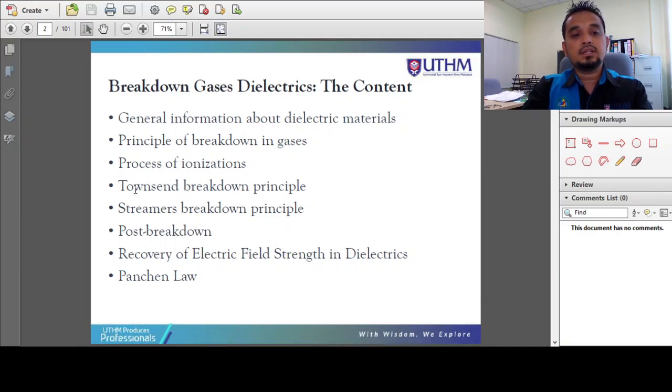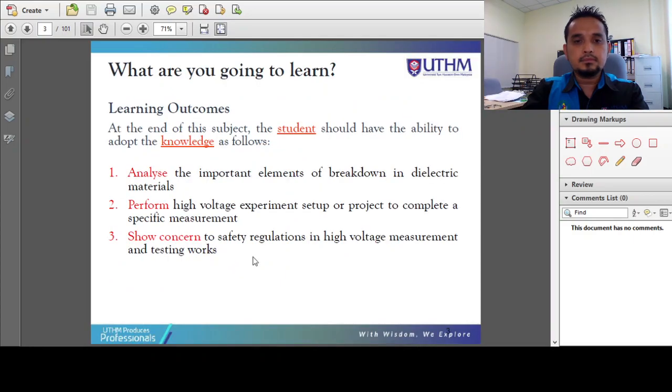Then we look into the Townsend and Streamer breakdown principle. After that, we look at the post-breakdown phenomena, and then recovery of electric field strength, and last but not least the Paschen law. This is the general outline of this topic.